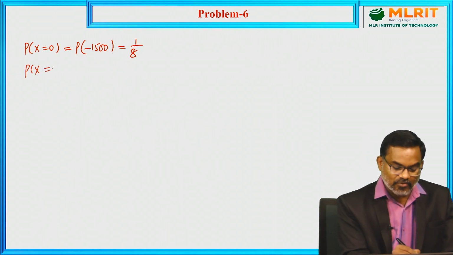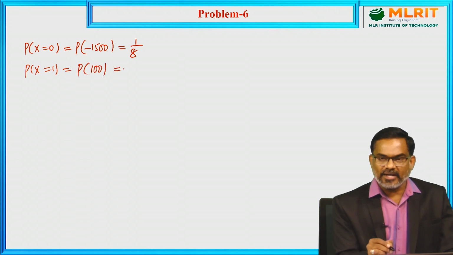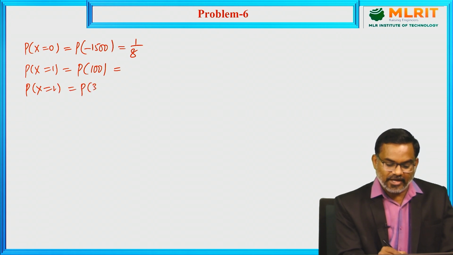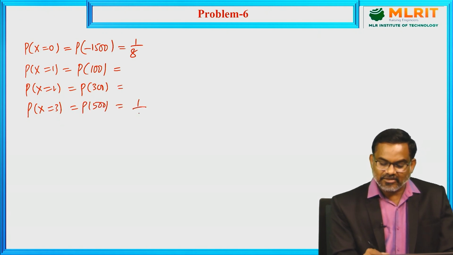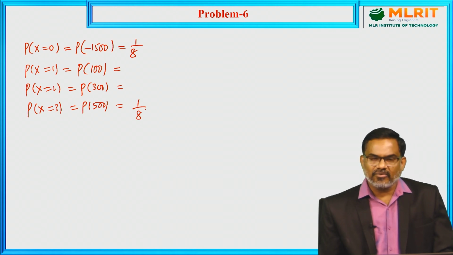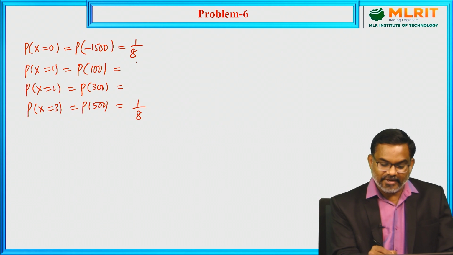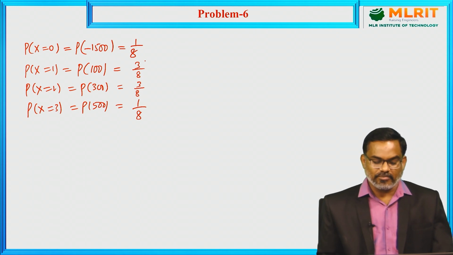Similarly, x equal to 1, that means 1 head, he will get 100 rupees. 2 heads, he will get 300 rupees. 3 heads, he will get 500 rupees. All 3 heads is possible in one case out of 8, and 2 heads in 3 different cases, 3 possibilities. 1 head also has 3 possibilities.